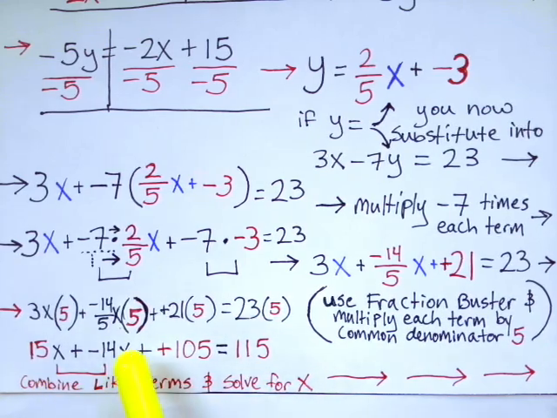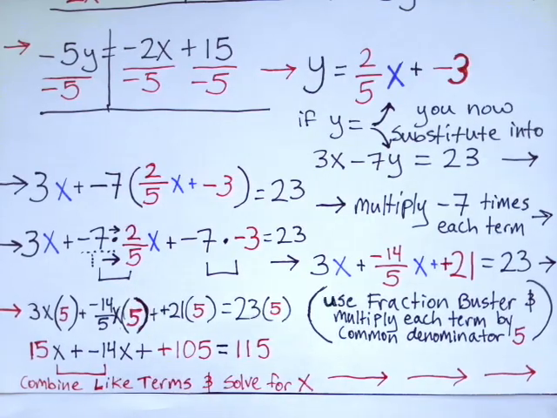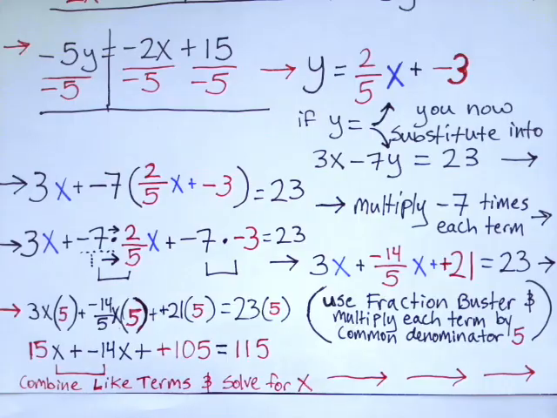So now at this point we're going to combine like terms. 15x plus a negative 14x is a positive x plus 105 equals 115.